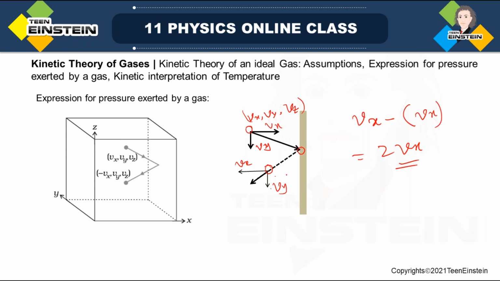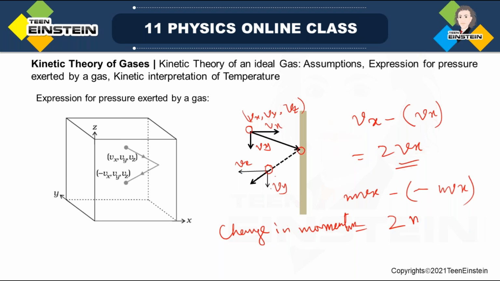If I ask what is the change in the momentum in this case, then you write mvx minus of minus mvx. So the change in momentum will be 2m into vx.